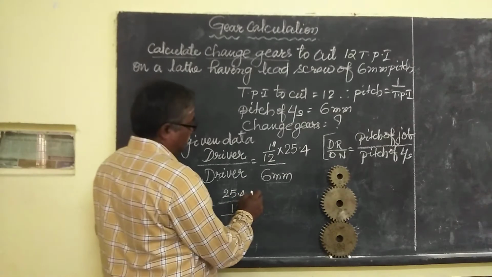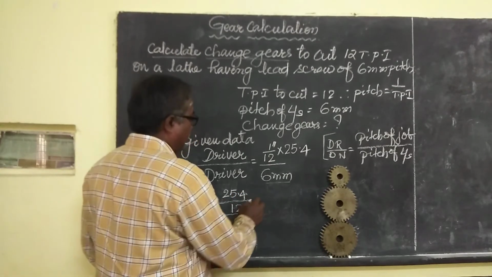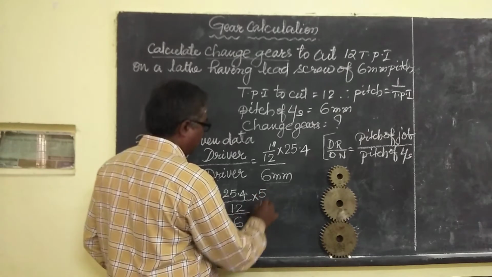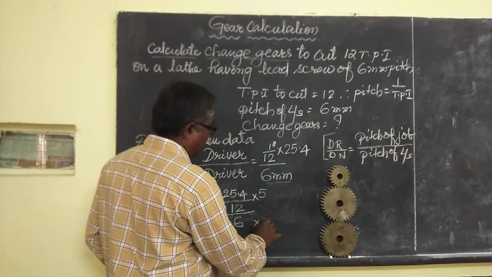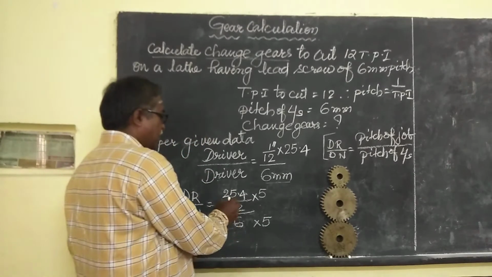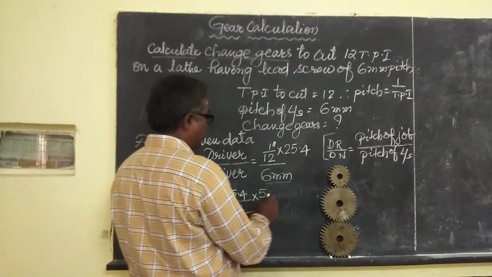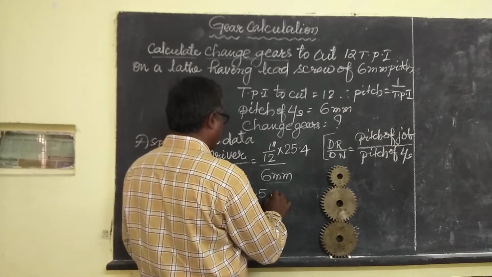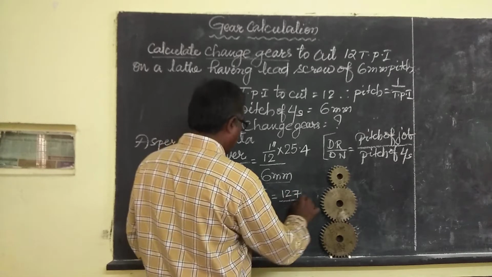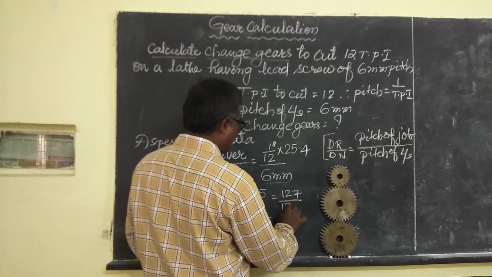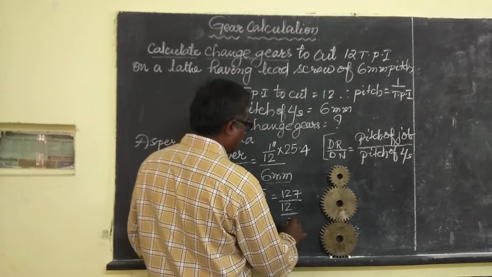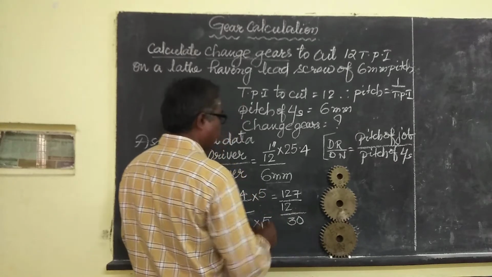Then to make it a round figure, we multiply both numerator and denominator by 5. Now this is 25.4 into 5, 127, by 12 by 6 into 5, 30.